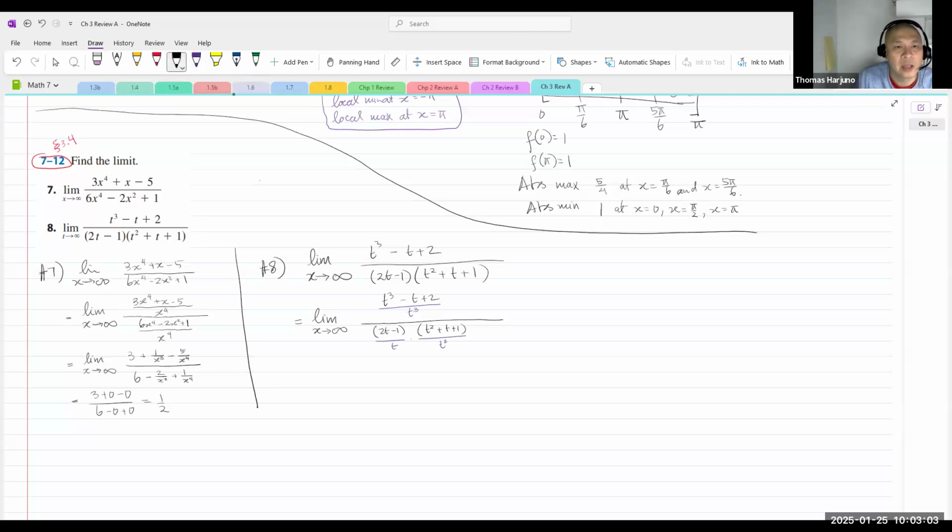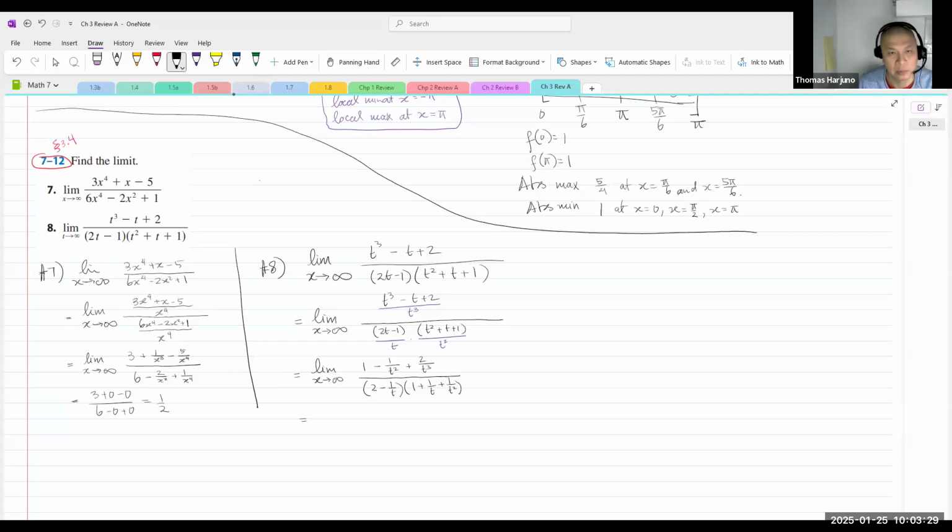This way, in the next step, I don't need to FOIL first. We basically do it by visualization. 1 minus 1 over t squared plus 2 over t cubed over 2 minus 1 over t times 1 plus 1 over t plus 1 over t squared, right?